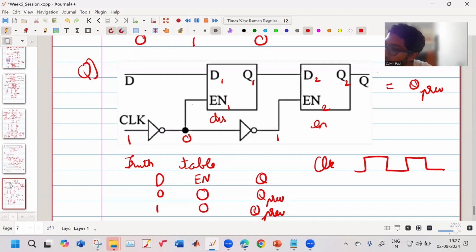Now my clock goes from 1 to 0. What happens now? This 0 will become 1 and this 1 will become 0.